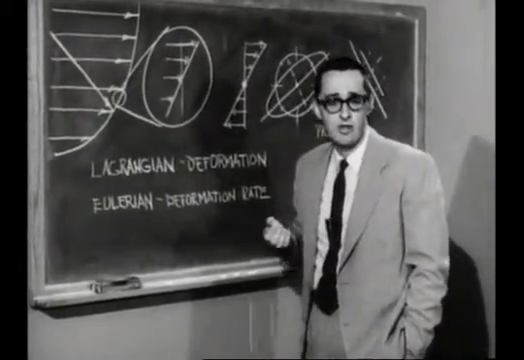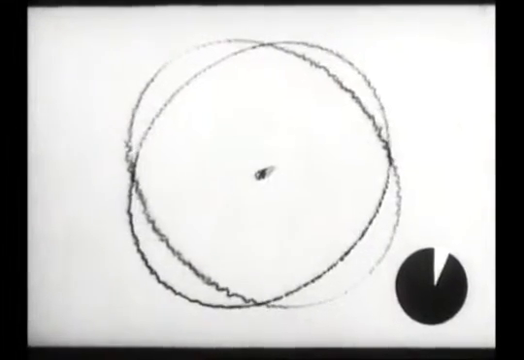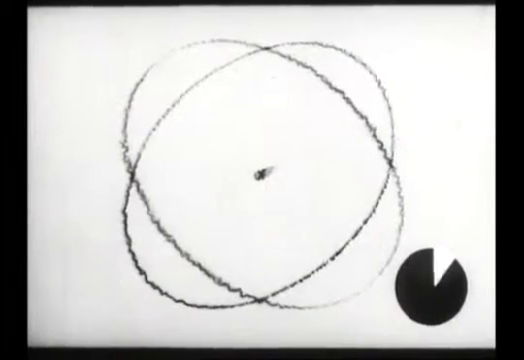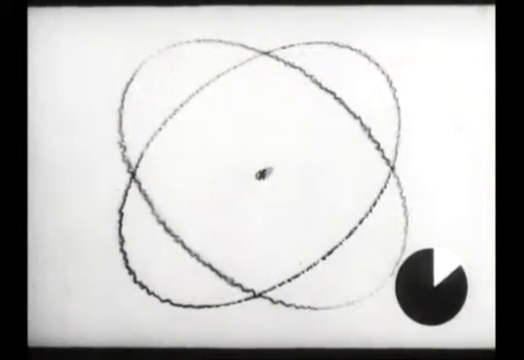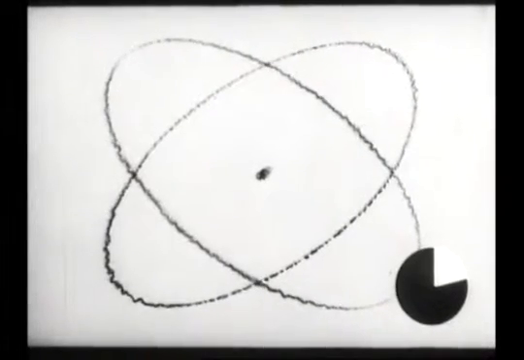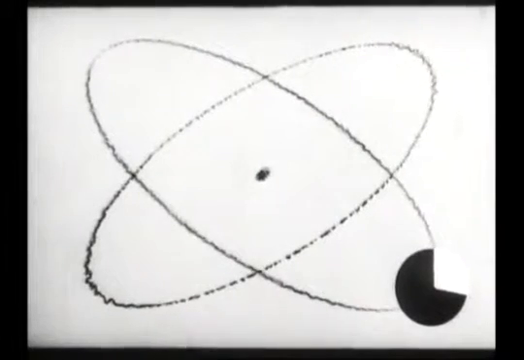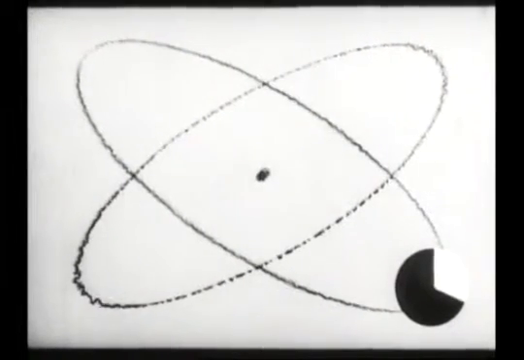Now, let's talk first about the rate of rotation. We've determined that the amount of rotation at any instant can be measured by the angle between the principal axes of the strain ellipse and those of the reciprocal strain ellipse.